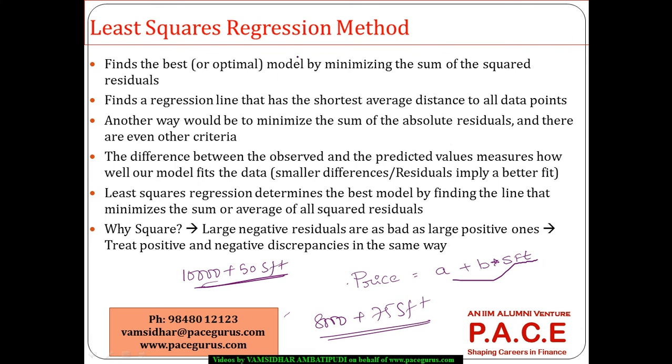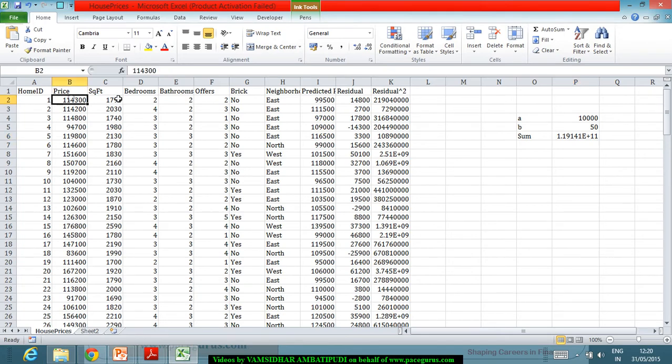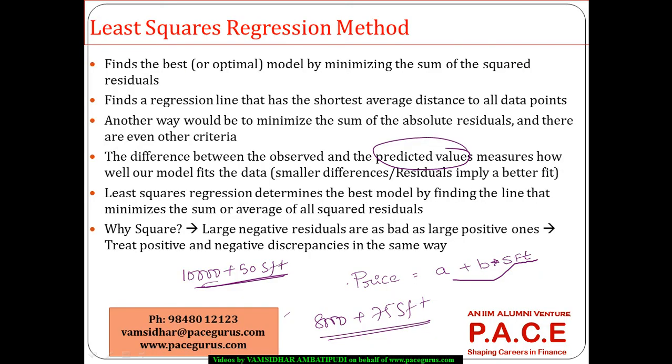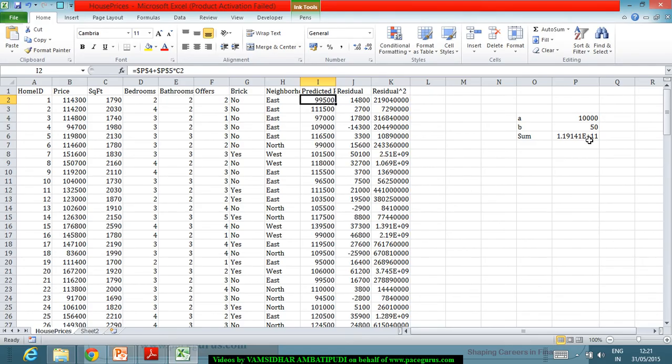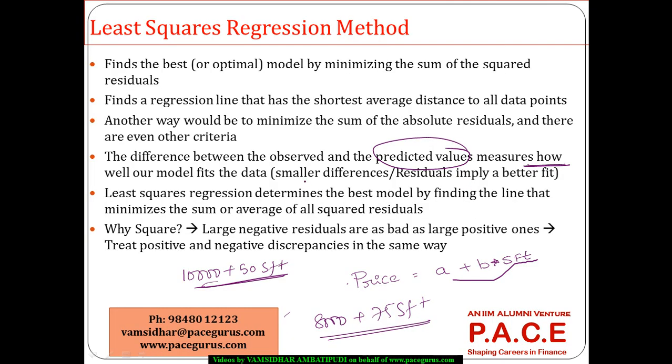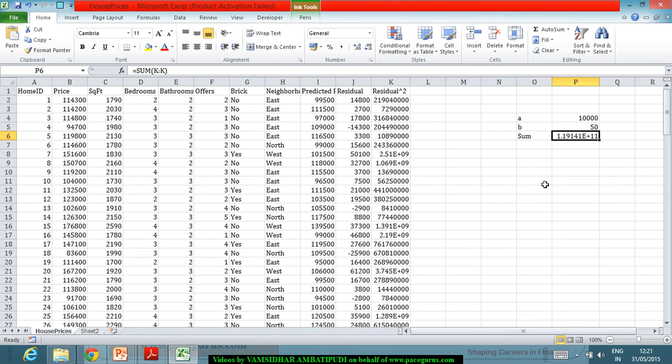Just to understand this slide a bit more, the difference between the observed and the predicted value, the actual and the predicted value, measures how well our model fits the data. This is the error part, or the residual part. If the residual is smaller and smaller, it means the model is a best fit to the data.